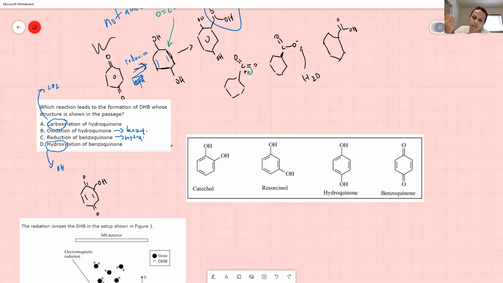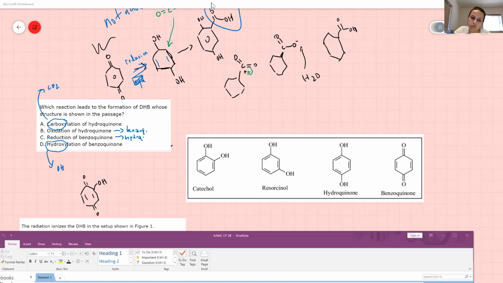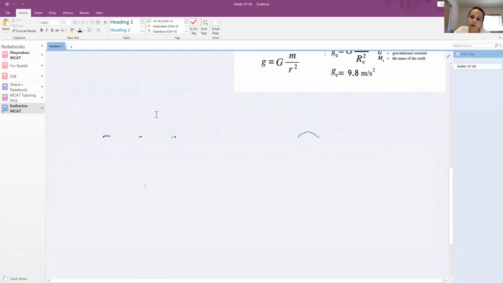Is that correct? The last part is dehydration. Oh, dehydration, sorry. Yeah, so you're obtaining a water molecule as a byproduct of joining two monomers into a polymer. And then hydrolysis is breaking a water molecule to break a bigger molecule.